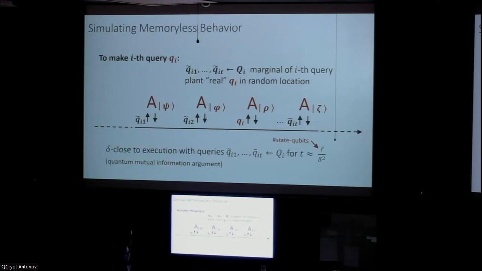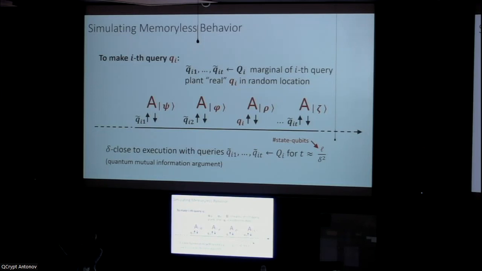And now what we prove is an information theoretic, quantum information theory lemma that says that if the number of dummy queries, T, is big enough, let's say bigger than the state size L divided by delta squared, then we get delta closeness to an execution that doesn't have the real query. In other words, we give the adversary all dummy queries, but in a random one we put the real query.